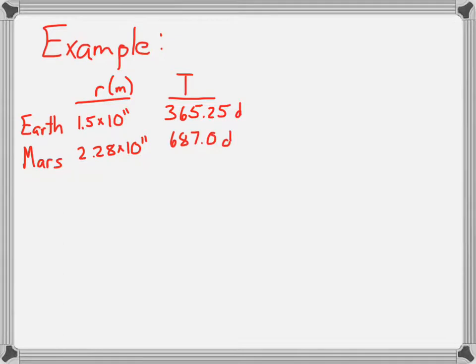All right, for our formula, Kepler's third law, we're going to call this planet A. So planet A will be Earth and planet B will be Mars. Kepler's third law says that if you take the ratio of the radii, it's actually the semi-major axis, but remember planets are in close to circular orbits, so we would use the radius.